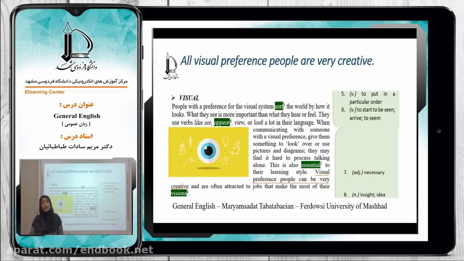It means some of them. When we say they can be creative, it means some of them are very creative, but some of them are not. So, true or false? The question says all of them. Therefore, the answer, actually this sentence is false. Let's move on.